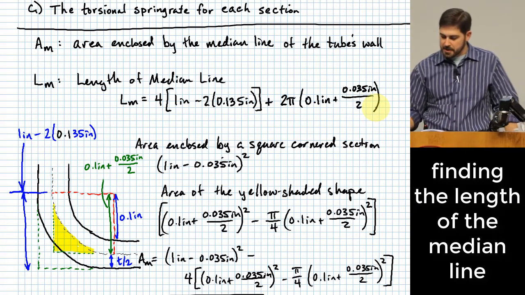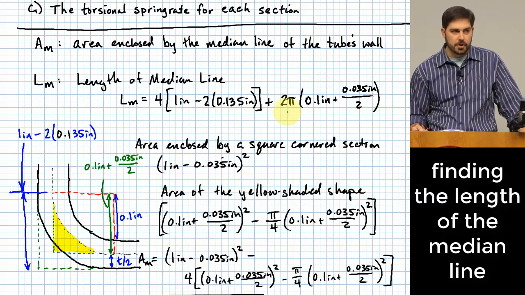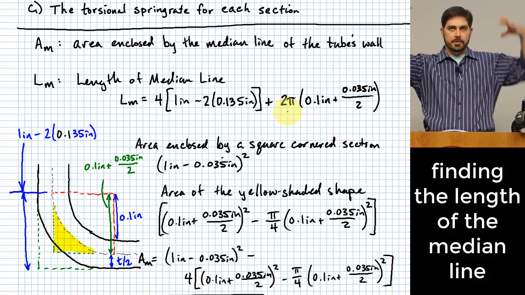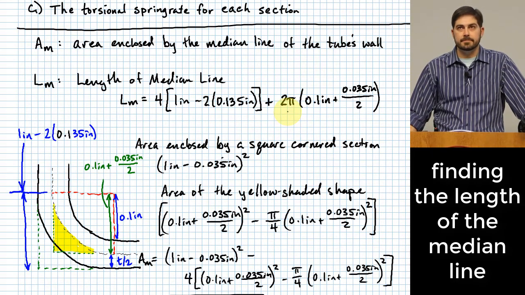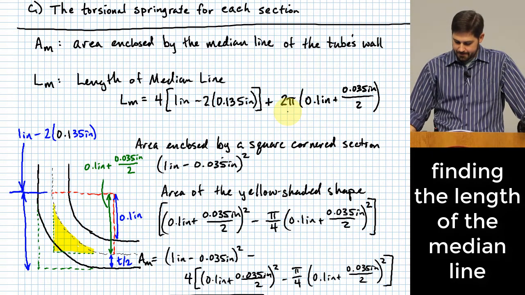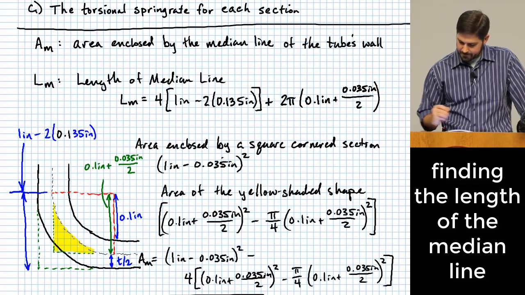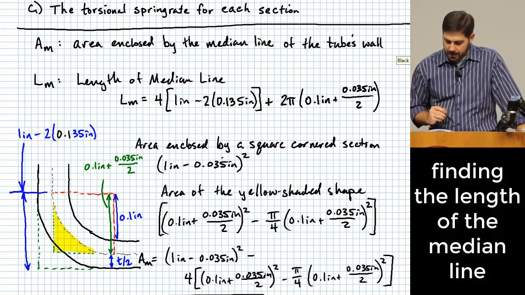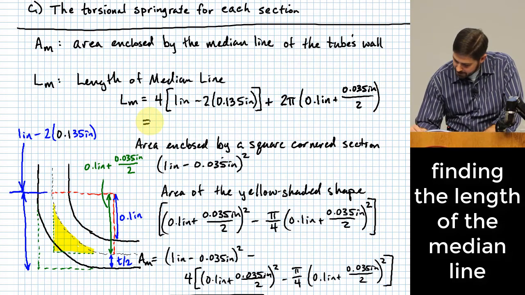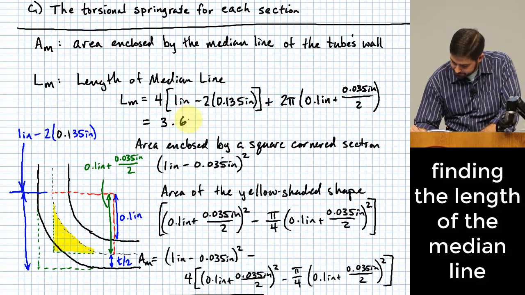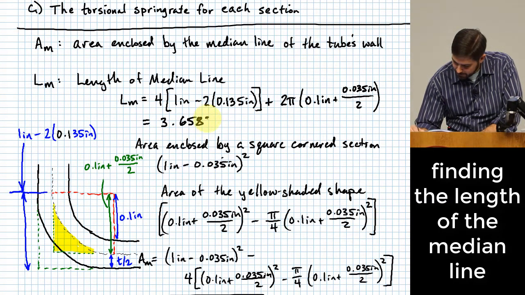And that is basically accounting for the entire circle because we have 4 different instances where we have these quarter arcs. Okay? All right, so we plug those values in, and L sub m ends up being 3.6583 inches.